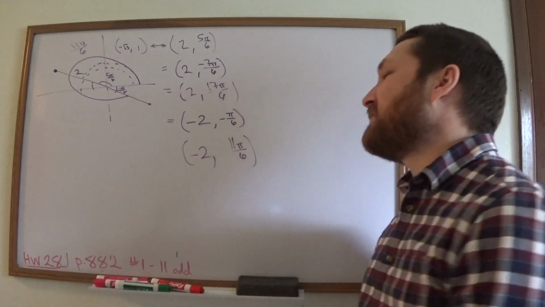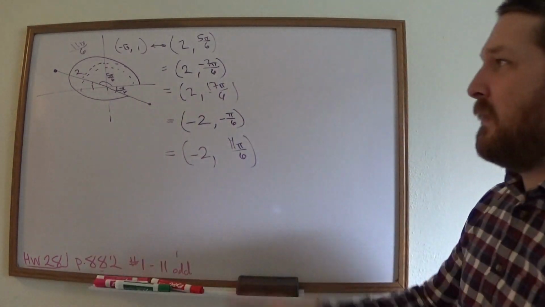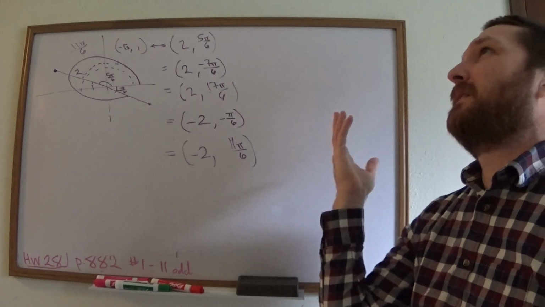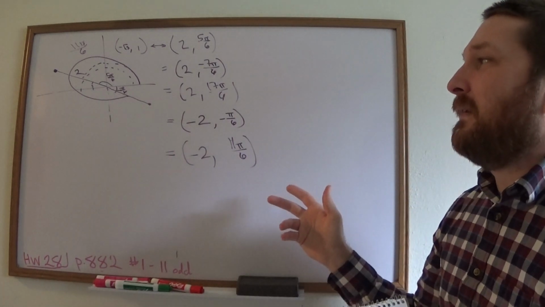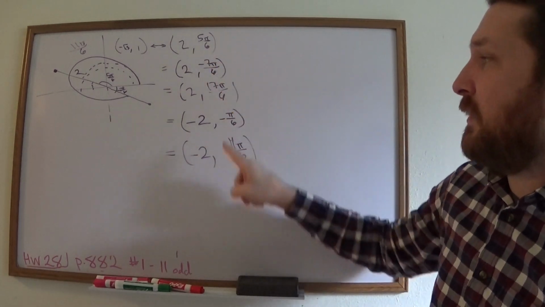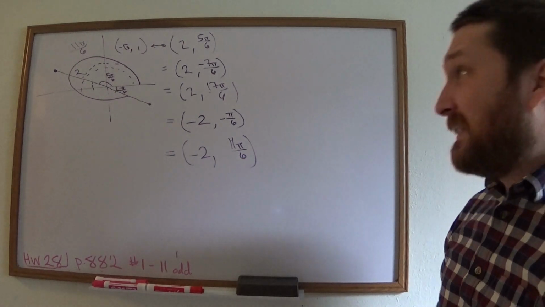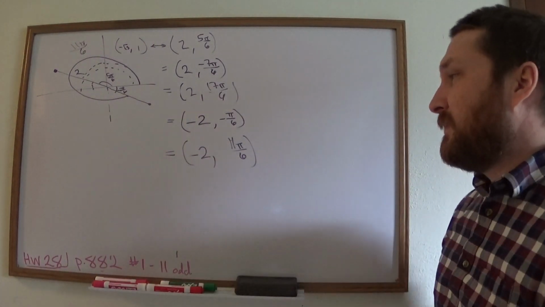And so this is tricky, right? This is one of the downfalls, or not a downfall because it's very useful, but it could be very confusing. You might just look at this point and that point and go, those are not the same point, but they are the same point. So be careful with that.